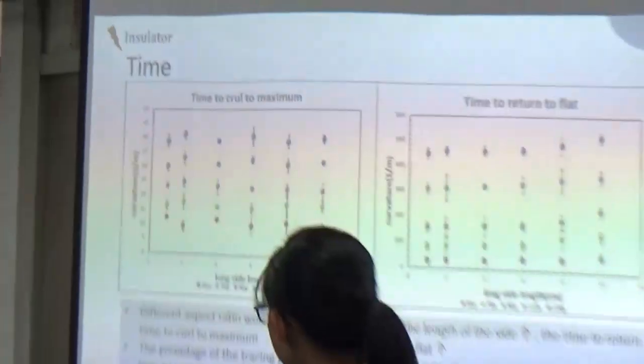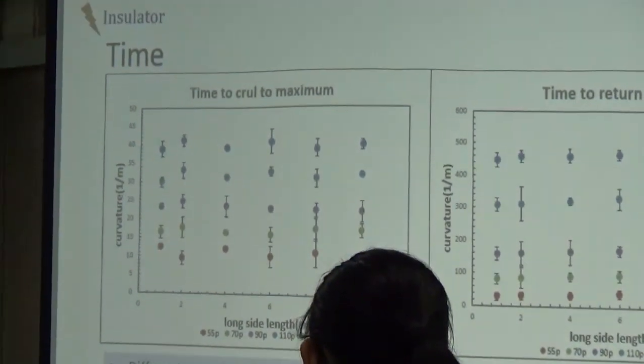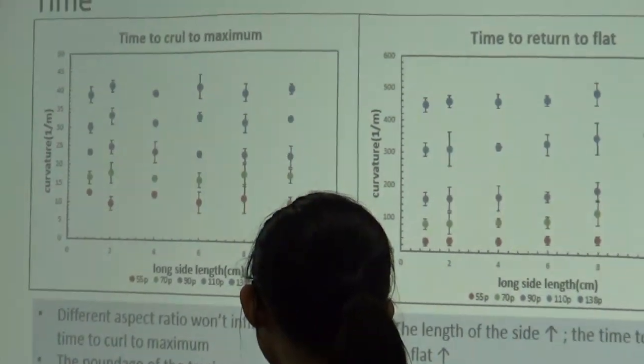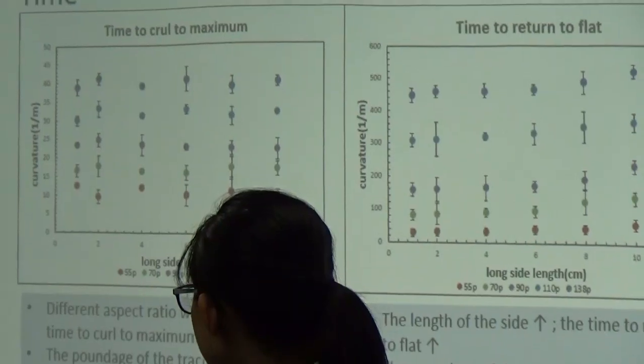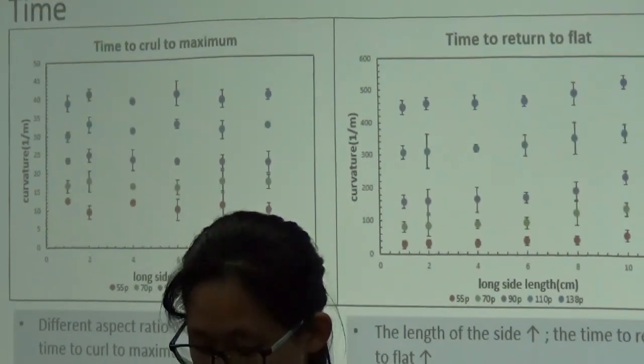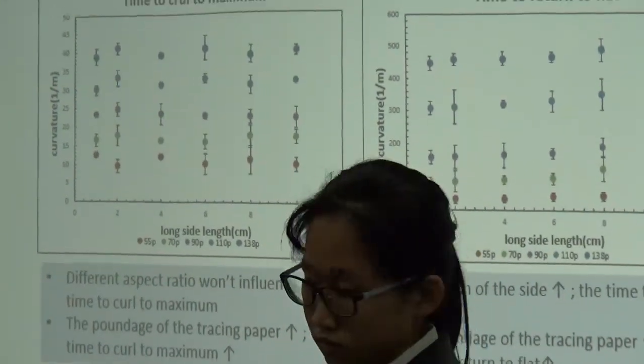Here you show the change of length does not very clearly change the time or curvature, that's right? Because I think the curvature is a local property, right? So that maybe does not change with the length. Okay.